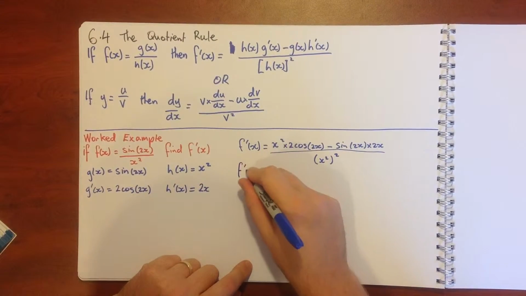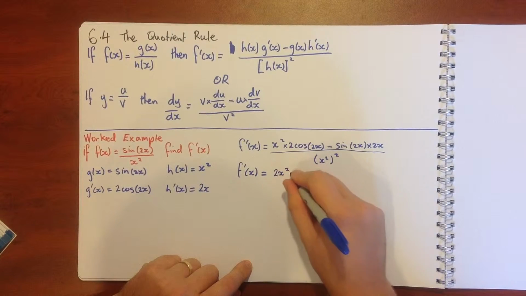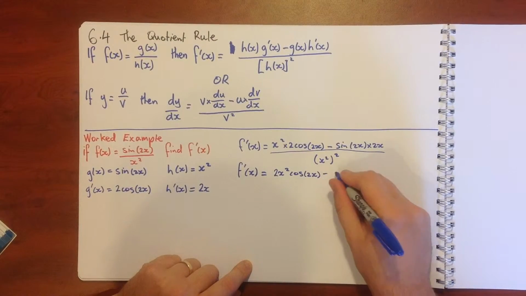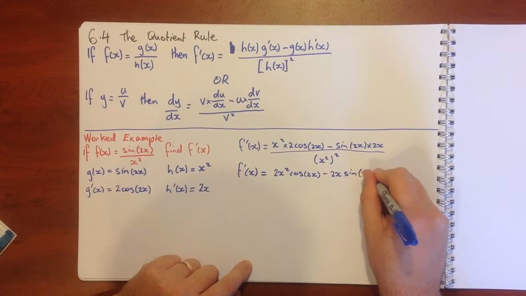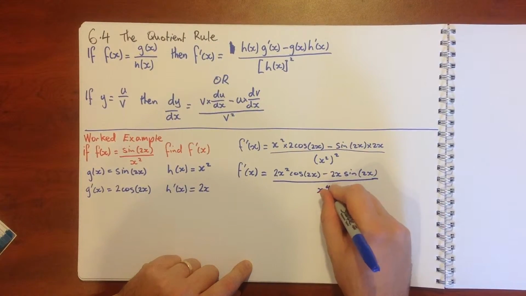That'll mean that f dash of x, making it look a little bit nicer, is 2x squared cos of 2x minus 2x sine of 2x over x to the 4.